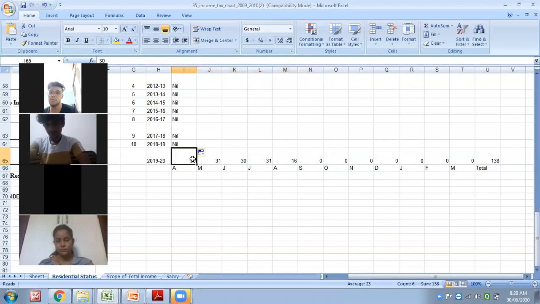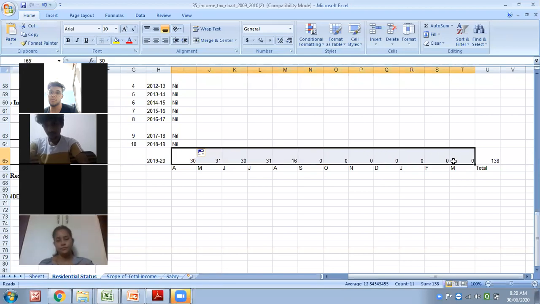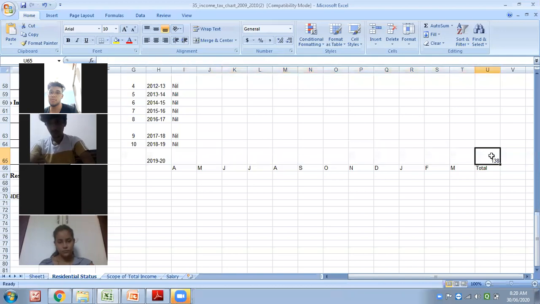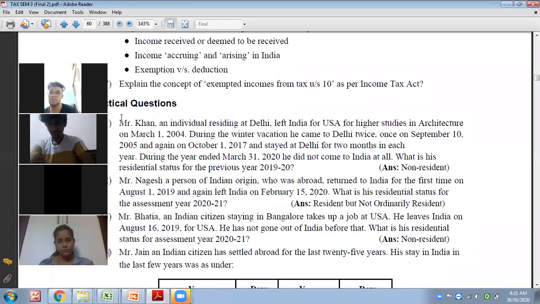So now what is there in the question? The question goes like this. The question states that he came on 1st of August and he left India on 15th of Feb. Once again, he came on 1st of August 2019 and he left on 15th of Feb 2020.